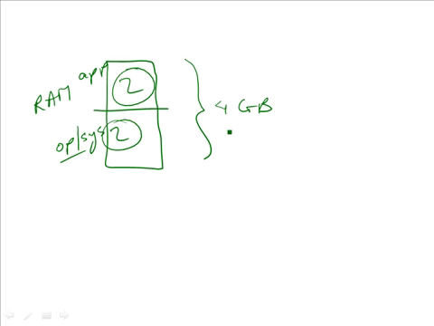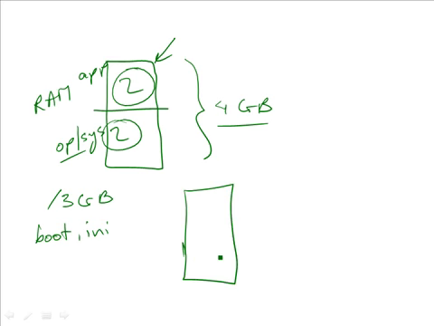So even though we say 4, in reality we're talking 2. Those of you that know what the 3GB switch is, it's just something that you put into your boot.ini file. If you do that, this gets reconfigured so my operating system gets 1 gig, and my application gets 3. It's a way of choking RAM out of my operating system in order to give it to my application. So it's literally a trade-off.